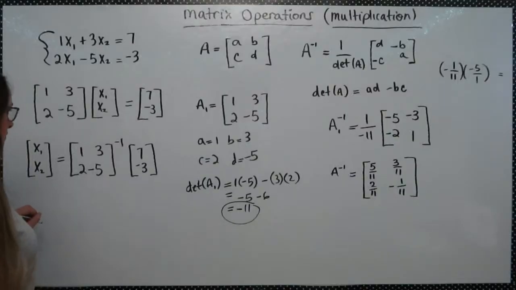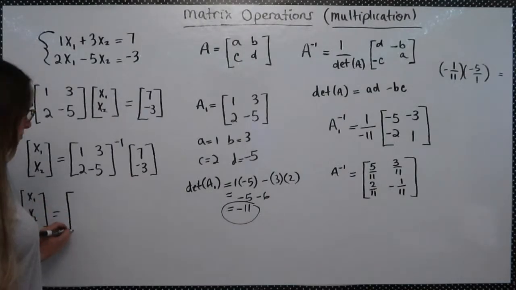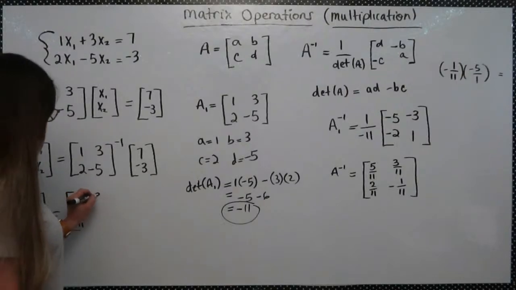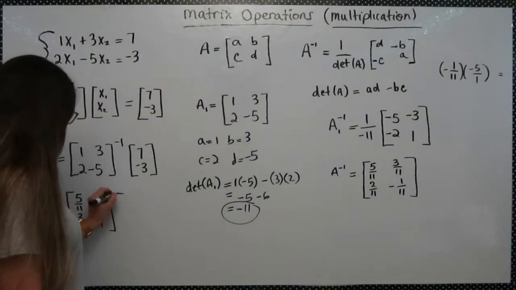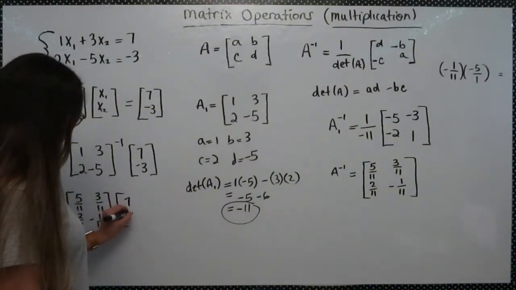So we have the inverse. So we'll say x sub 1, x sub 2 equals this matrix 5 over 11, 2 over 11, 3 over 11, and negative 1 over 11 times your constants here, 7 and negative 3.